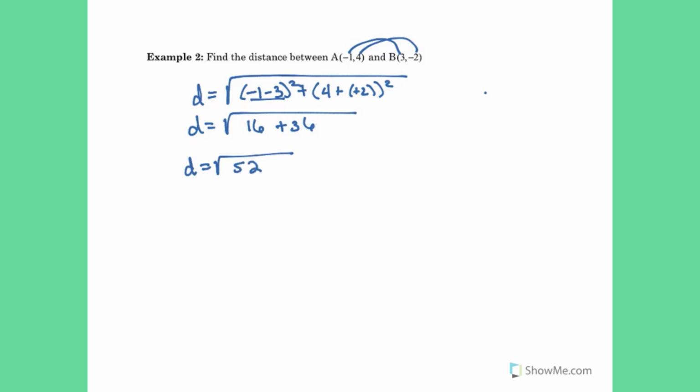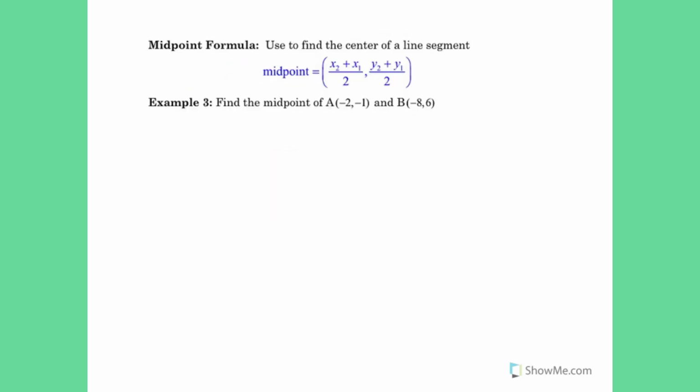Add those together, that's 52. Remember, we need to simplify that. And so I just kind of divide. I know it's even. That's 26. That's 13. So I know I have 2 times 13. So that's 2 times the square root of 13. So yes, you do need to simplify your square roots. Please don't give me any decimals. So that's your distance formula.